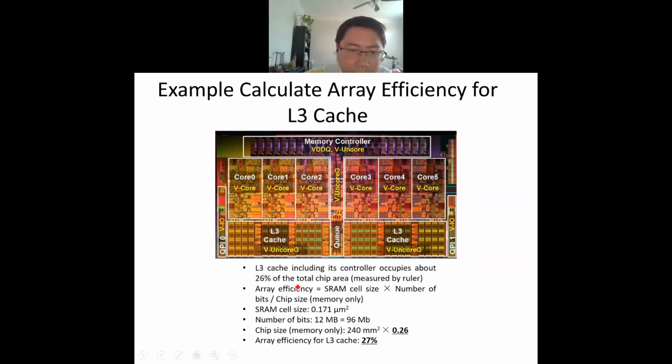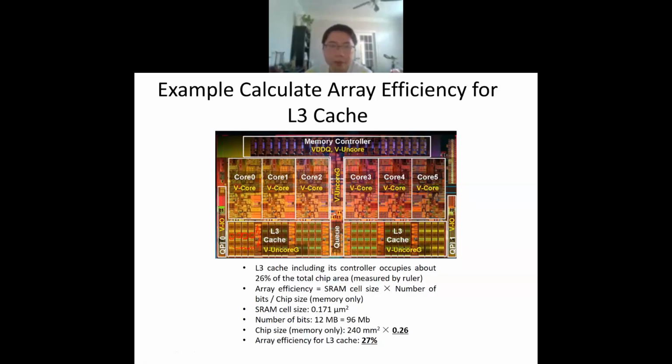For example, in the L3 cache, you probably see those memory cell arrays, but it also has many other peripheral circuits like those ones. So we are asking what is the percentage of the memory cell array in the L3 cache over the total L3 size here. That is defined as array efficiency.